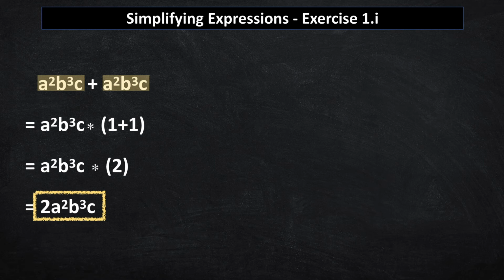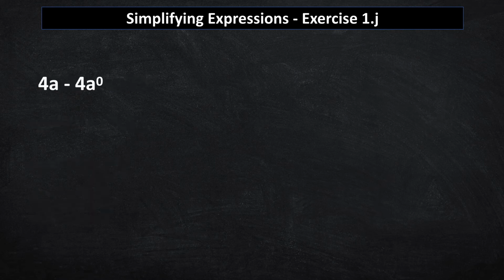Now let's have a look at the last of our examples. We have the expression 4a minus 4a to the power of 0. We need to remember that anything that is to the power of 0 is equal to 1. And so this expression becomes 4a minus 4 multiplied by 1.